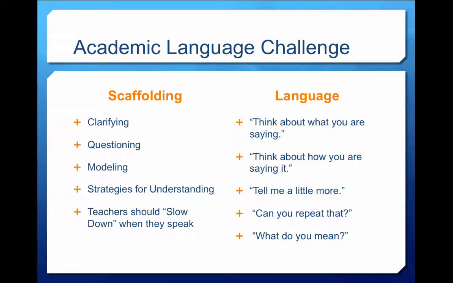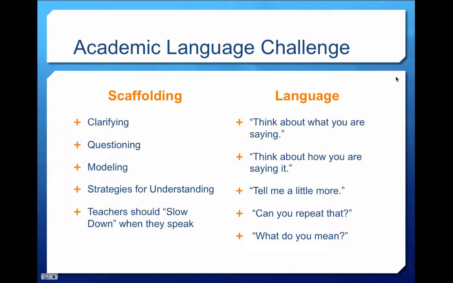Oftentimes, learners are listening, they just want a clarification. They just want to question or ask again. And so we should too ask learners to clarify understanding. That's what doesn't always happen. So as teachers and as English language teachers, we should say to students, I want you to think about what you are saying.